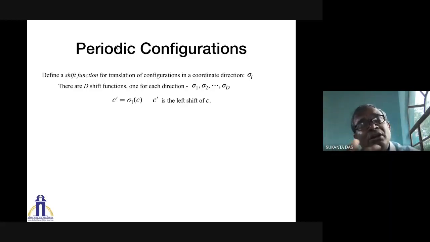If you apply sigma 1, the 1 is left shifted by one position. Now if I write sigma 1 square, it means left shifted twice. Sigma 1 cube means left shifted thrice, and so on.